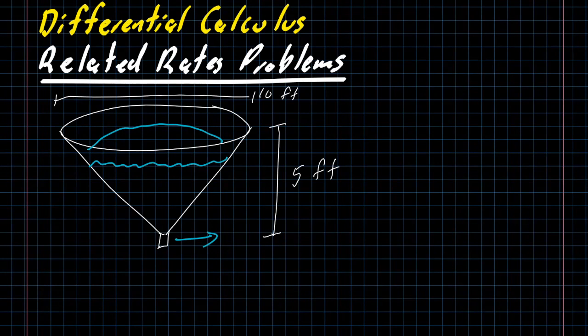We know that the valve allows 0.75 cubic feet per minute to escape. And we know that at the time we are interested in, the water is 3 feet deep.